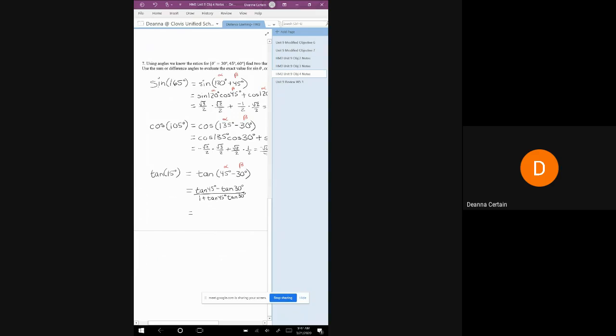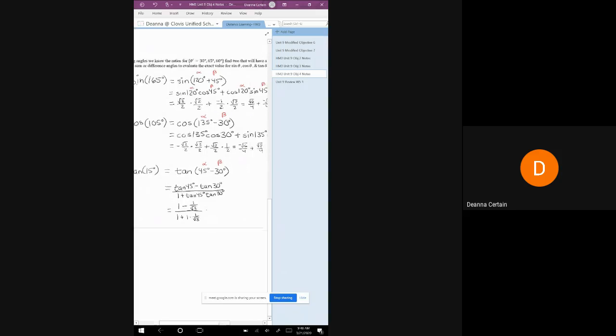Okay, the 45-degree angle and 30-degree angle are both in the first quadrant, so we're good with positive ratios. It's just making sure we know the tangents. Tangent of 45 degrees is 1. Tangent of 30 degrees is 1 over root 3. On the bottom we have 1 plus 1 times 1 over root 3. Simplifying this, we would have 1 minus 1 over root 3 over 1 plus 1 over root 3.